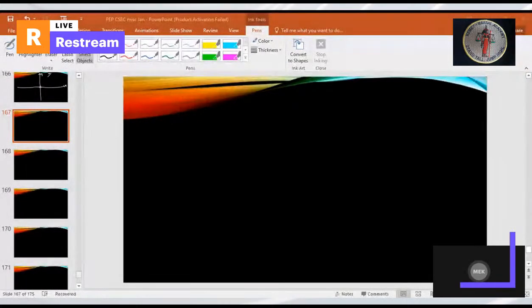In terms of the linear graph, the word there is line, coming from the word line, so that indicates that when you plot that graph on your coordinate plane, you are going to get a line.